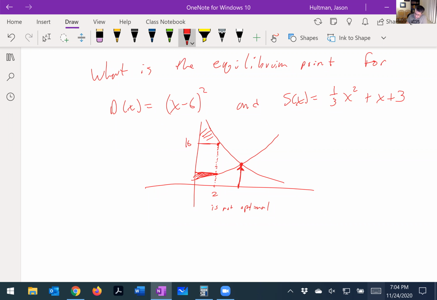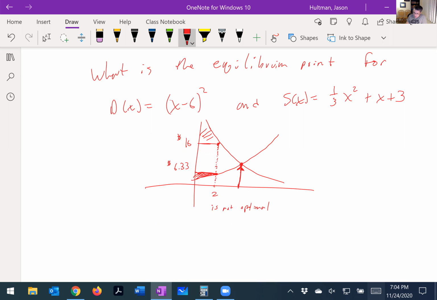This is 16. Okay. At 2, I was willing to pay $16 a piece for 2. Okay, whereas he was willing to sell me $6.33 for 2. Okay, so which is not optimal.